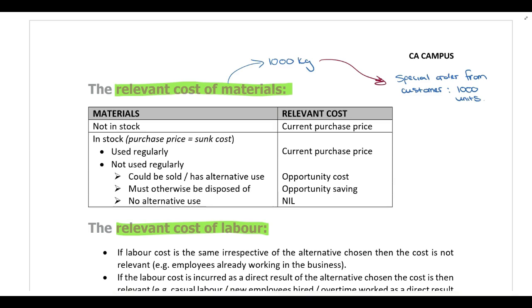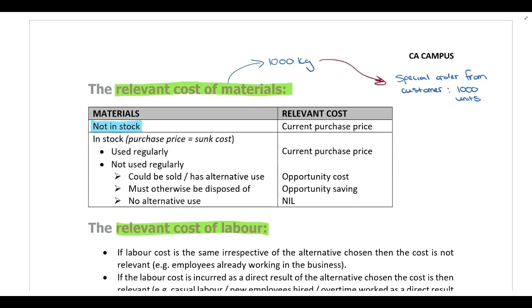These are the questions that you need to ask yourself when you're trying to determine what the relevant cost is. First, if the material is not in stock, so we don't have any material in stock, obviously we're going to have to go and buy the material so that we can make the units for the special order.